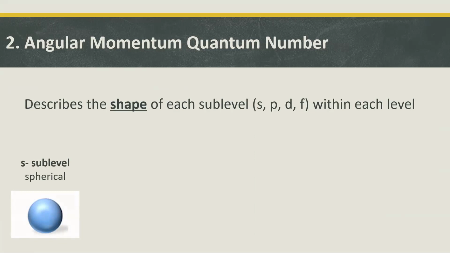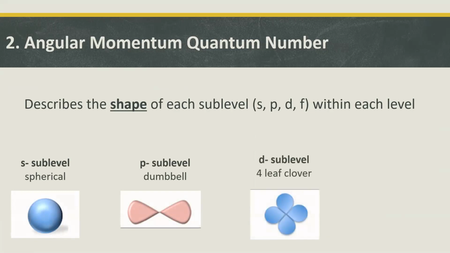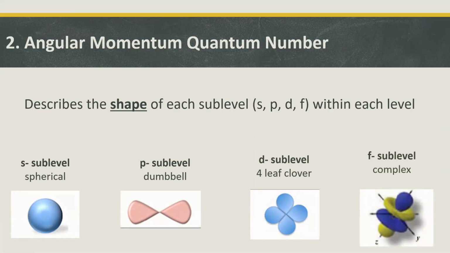These are all three-dimensional shapes. It's like a ball. The p sublevel, I like to say it's like a dumbbell or an infinity sign. The d sublevel is like a four-leaf clover. And then the f sublevel, we just say, is a complex shape. So the angular momentum quantum number describes the shape of s, p, d, and f.